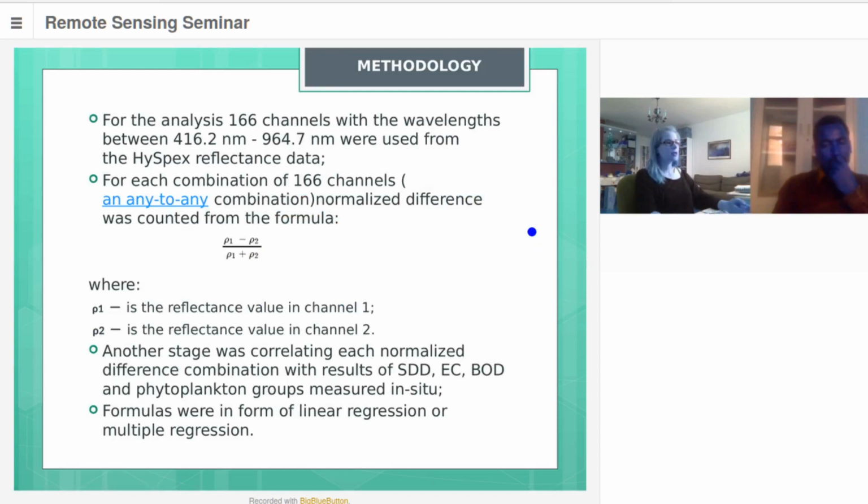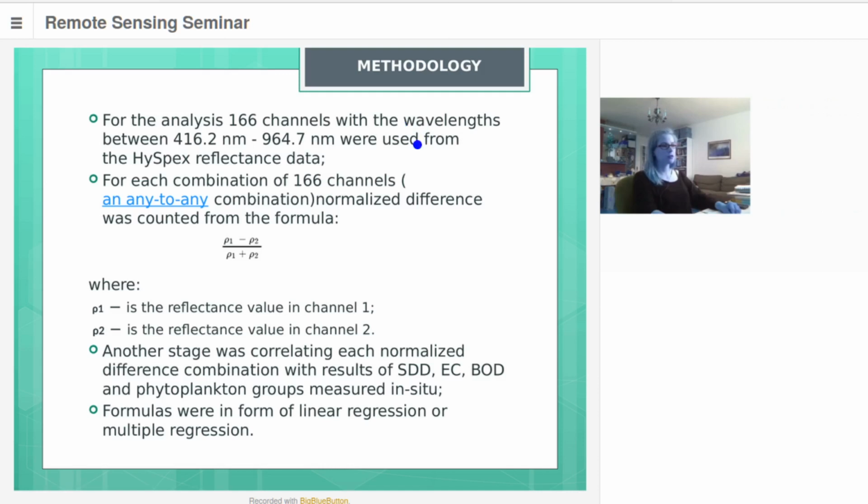For the analysis in R, 166 channels with wavelengths between approximately 400 nanometers and 960 were used, because of the stored information about water within this range.